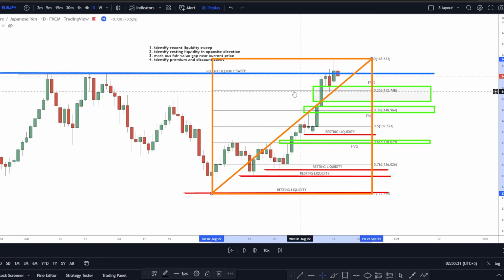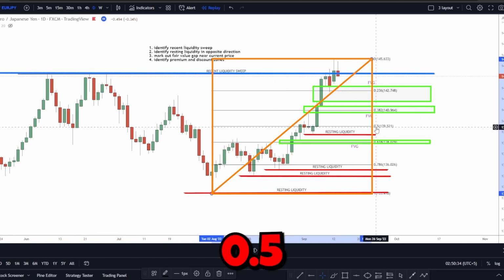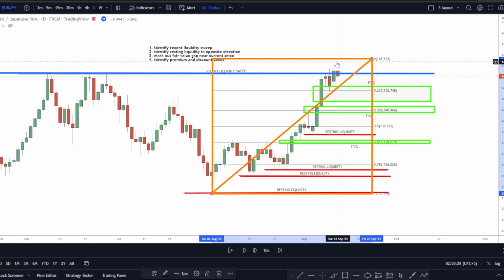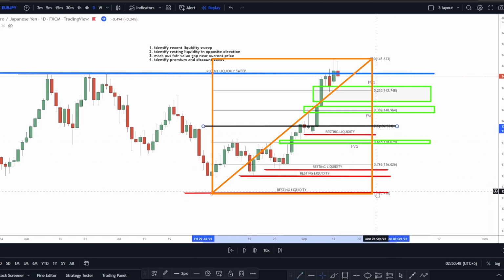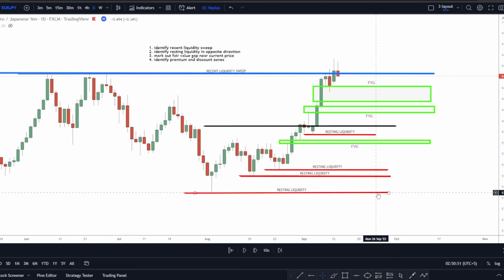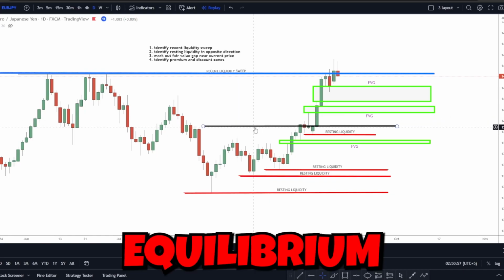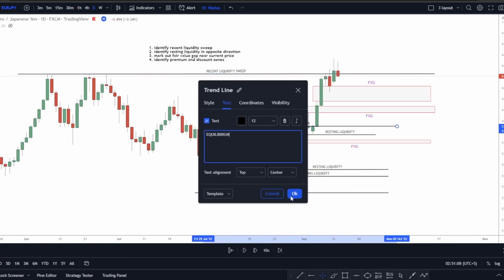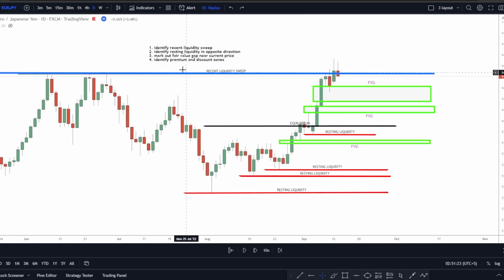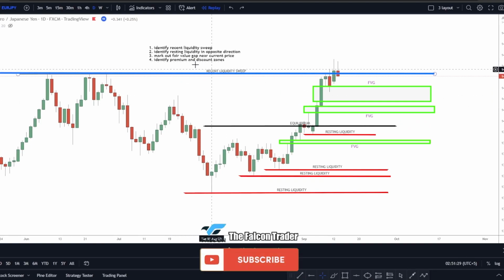And the middle of this movement is at 0.5, which is basically the equilibrium of the recent buyers movement. So we can simply put a line and remove the rest of the Fibonacci retracement, and this line is going to be acting as the equilibrium, and this is going to help us identify the premium and discount zones.